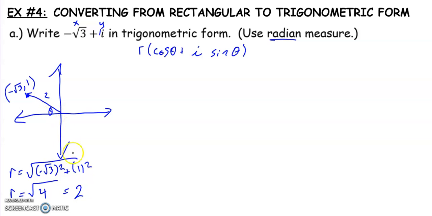Now we need to find theta. Theta can be found by just taking the inverse tangent of y over x, which is 1 over negative square root of 3. Well, for this point, I think, okay, what x values? I need an x value with a radical 3 in it.